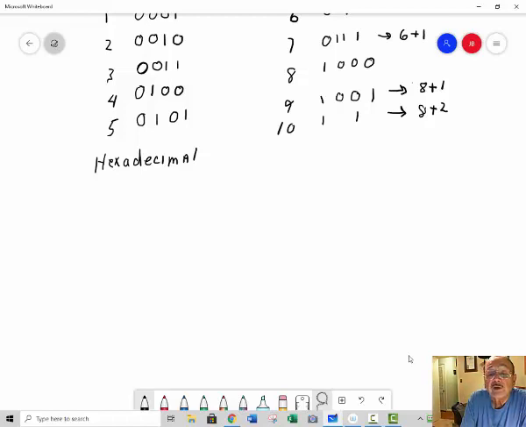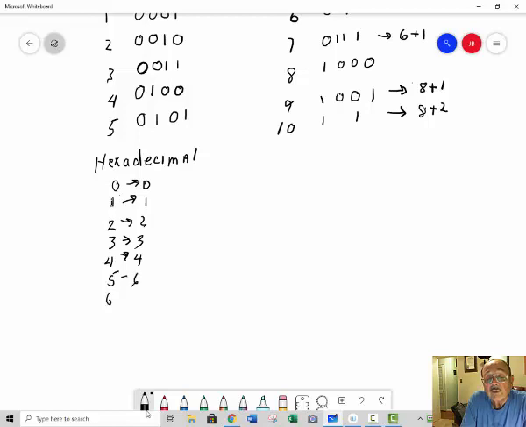And basically, hexadecimal, we're going to start with 0. 0 corresponds with 0. 1 corresponds with 1. 2 corresponds with 2. 3 corresponds with 3. 4 corresponds with 4. 5 with 5. 6 with 6. 7 corresponds with 7. 8 corresponds with 8. 9 with 9.